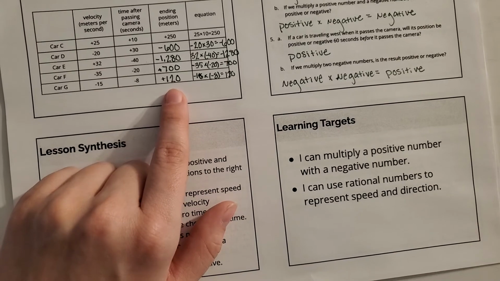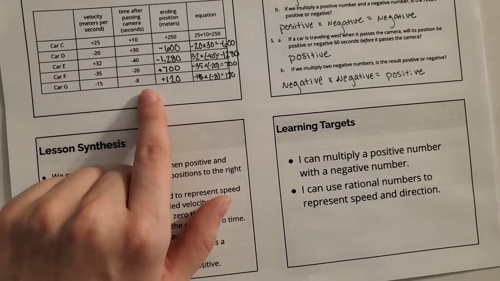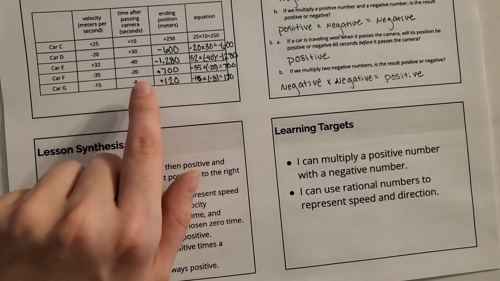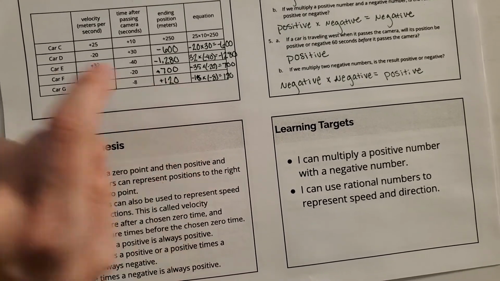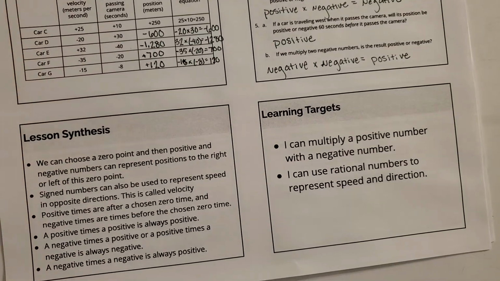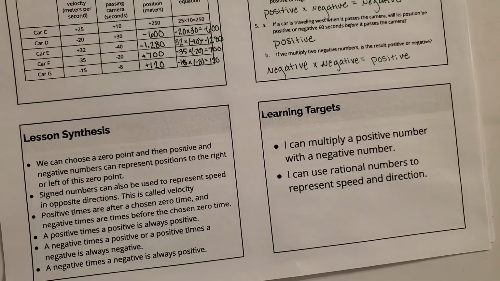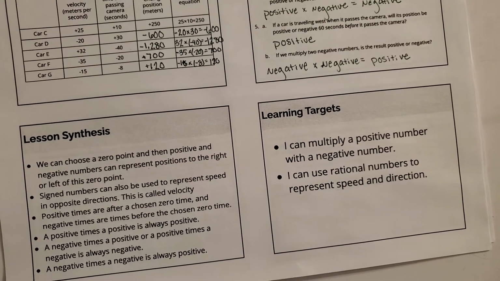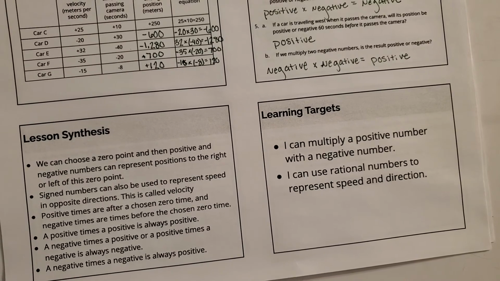A negative 15 times a negative 8 gives us a positive 120. Or a negative 35 times a negative 20 gives us a positive 700. So, hopefully, you can multiply a positive number with a negative number and a negative number with a negative number, and you can use rational numbers to represent speed and direction.